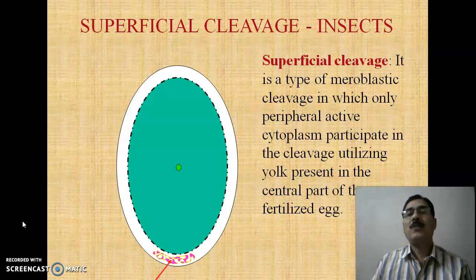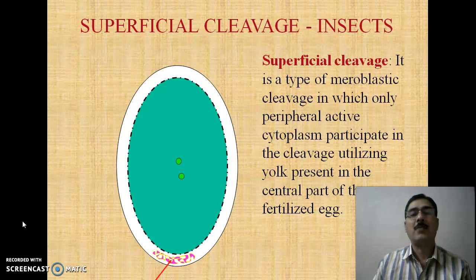Now this superficial cleavage, which is a type of meroblastic cleavage, you can see in this slide how the karyokinesis is taking place. First, the nucleus is dividing into 2, then into 4, then into 8 nuclei, 16, and so on.